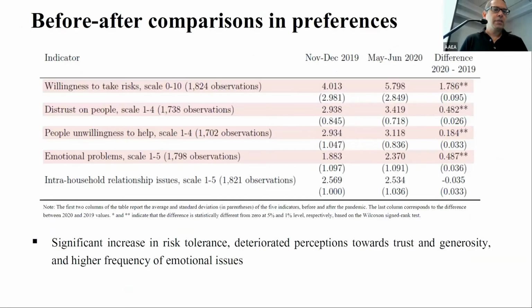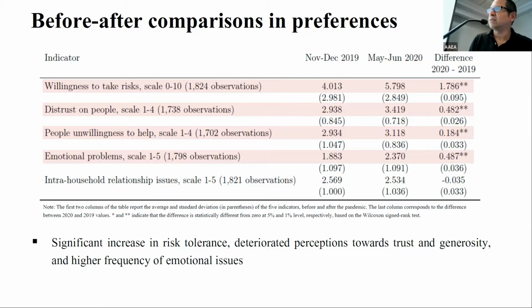So this is a simple view of the before-after changes in these five domains. We observe some striking results. There is a significant increase in risk tolerance, on a scale of 0 to 10 on the willingness to take risks. We find a 1.8 point increase, from 4 to 5.8. There is also a deterioration of perceptions regarding trust and generosity.